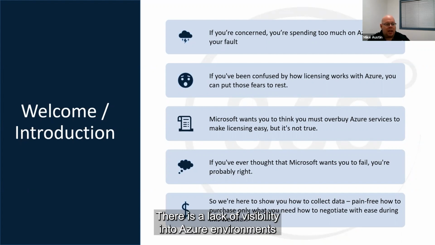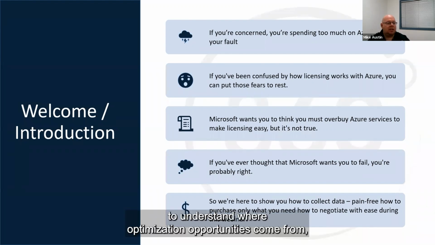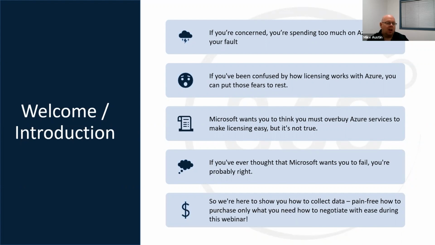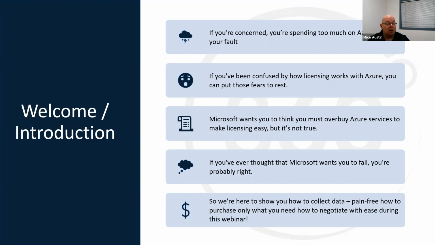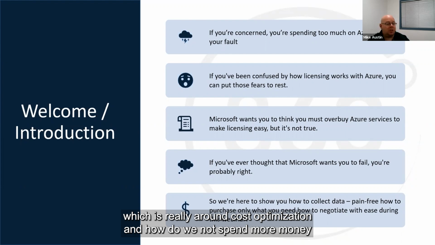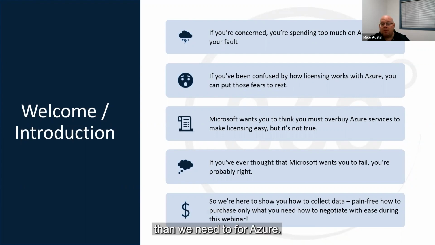There is a lack of visibility into Azure environments to understand where optimization opportunities come from, which leads to the third biggest category, which is cost optimization and how we do not spend more money than we need to for Azure.